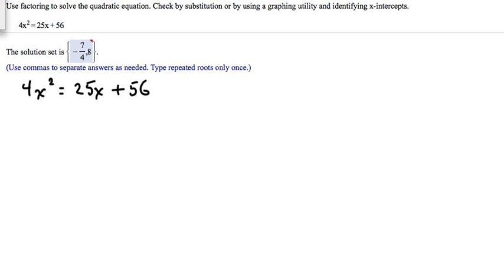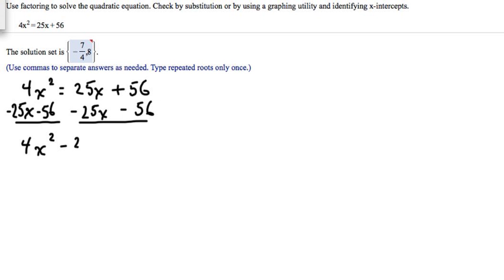The positive x squared is this 4x squared term here, and it's on the left side, so that means we're going to be subtracting 25x from both sides and also subtracting 56 from both sides. So subtract 25x, subtract 56, and that will give us this equation: 4x squared minus 25x minus 56 equals 0.